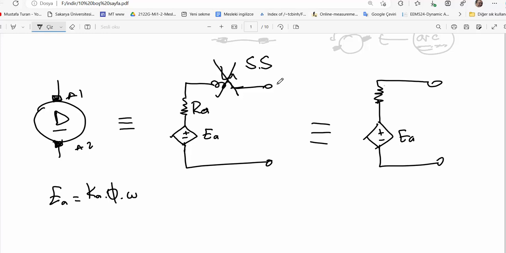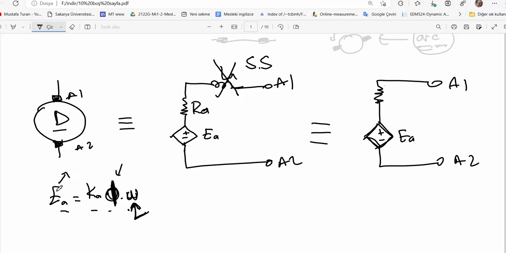That is terminal A1 and A2. Between the terminals there is an equivalent circuit. There is an EMF, a dependent voltage source, dependent on magnetic flux and speed. In case there is no speed, let's say the machine is at standstill, there will be no EMF.